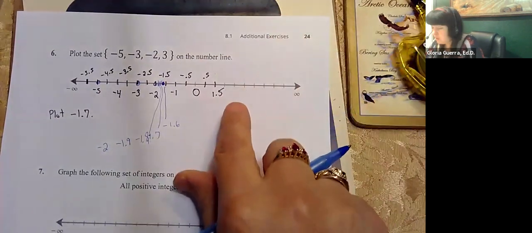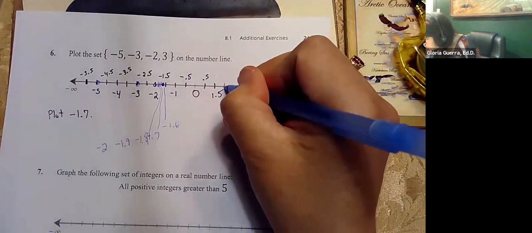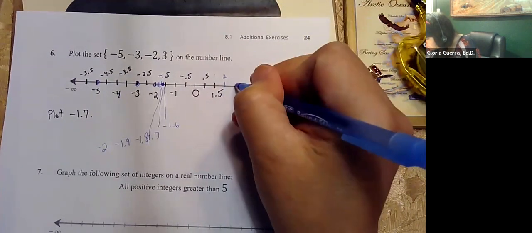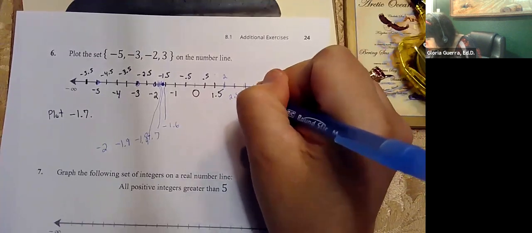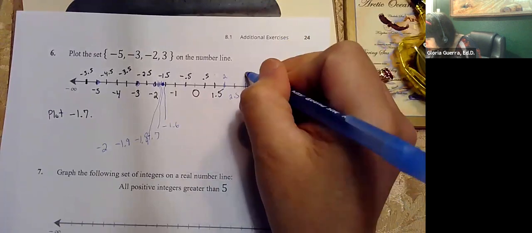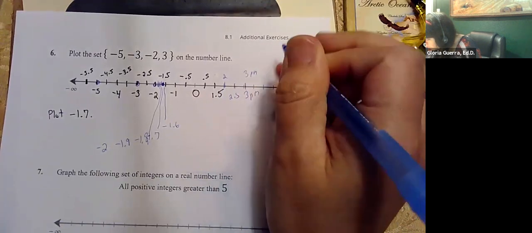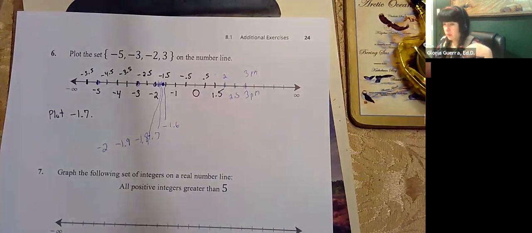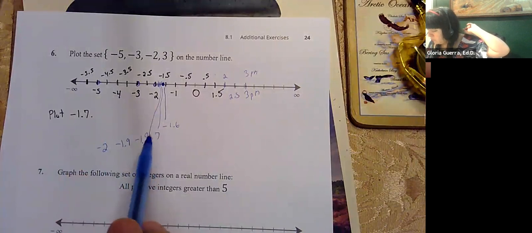If we want 3, this would be 2, 2.5. Okay. All right, so I'm plotting negative 5, negative 3, negative 2, and then 3.